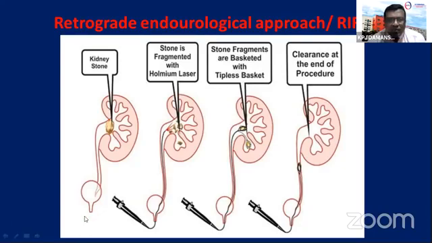We go down from below, go up, and likewise here, we go up, right up, then we use a laser to break the stones, and we retrieve the stones using a basket. Slowly take it out. This one doesn't need an incision, it's an endoscopic procedure.